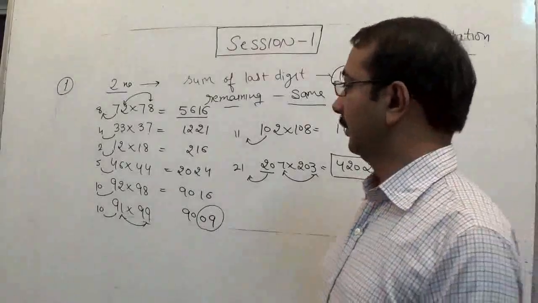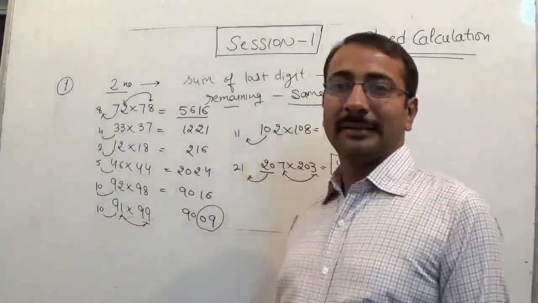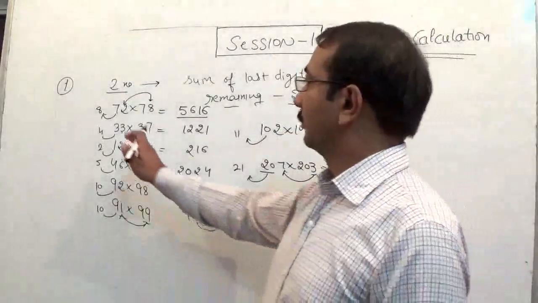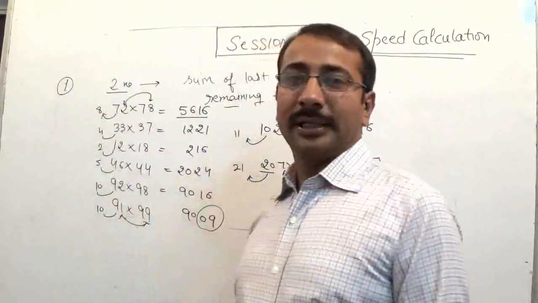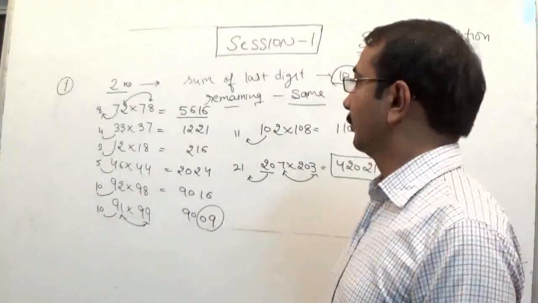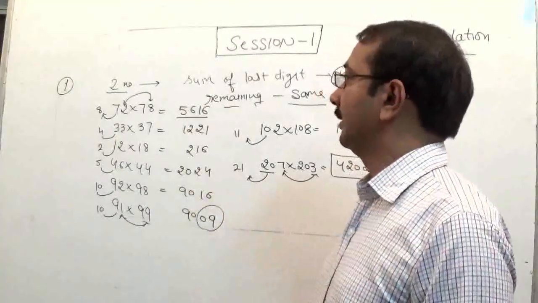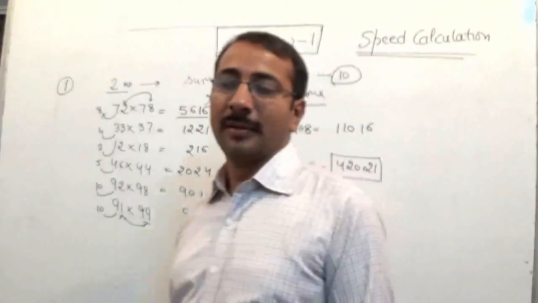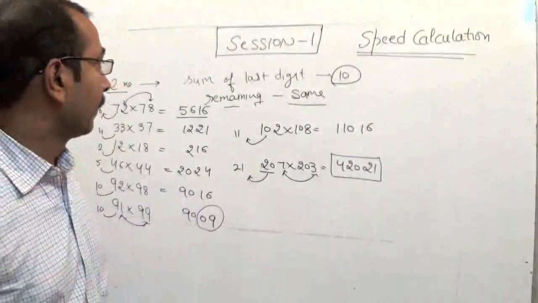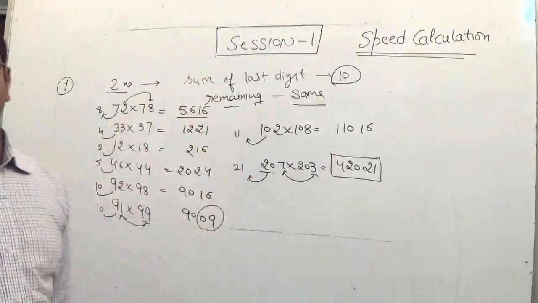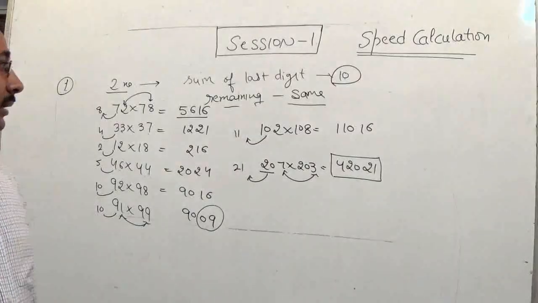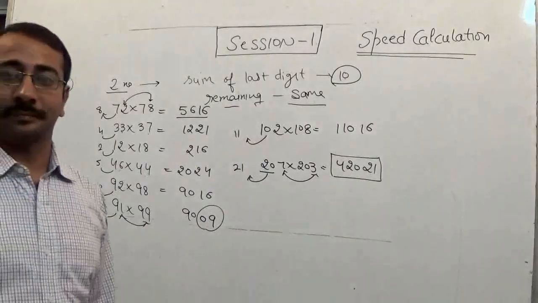That can only happen in the case of 1 and 9. Otherwise, you just multiply these two numbers, 16, then 7 is the next number, 8, and we can say 8 into 7 will give you 56. So that is our first method by which we can multiply any two numbers where the sum of their last places is 10 and the remaining section is the same.